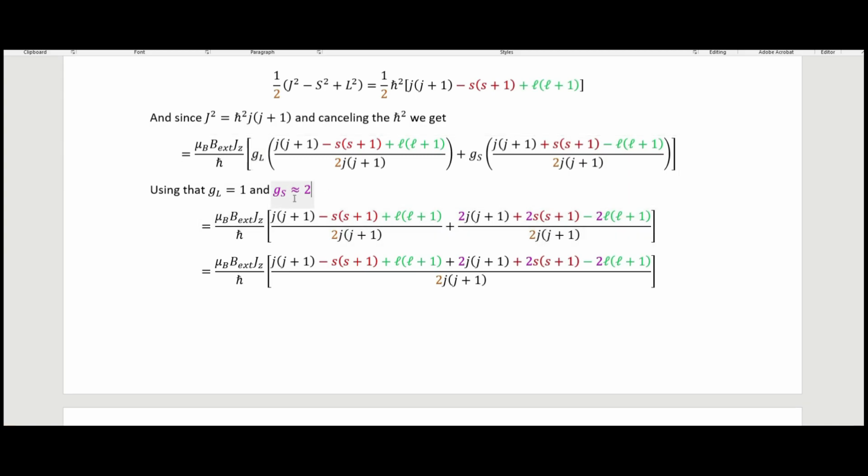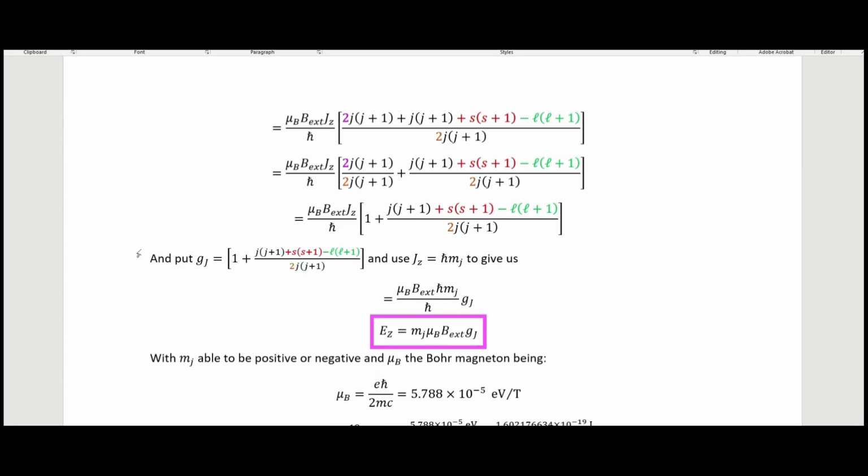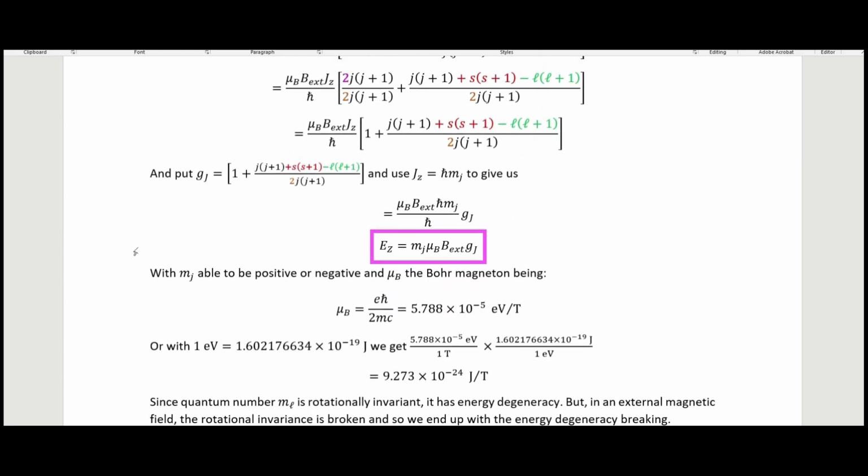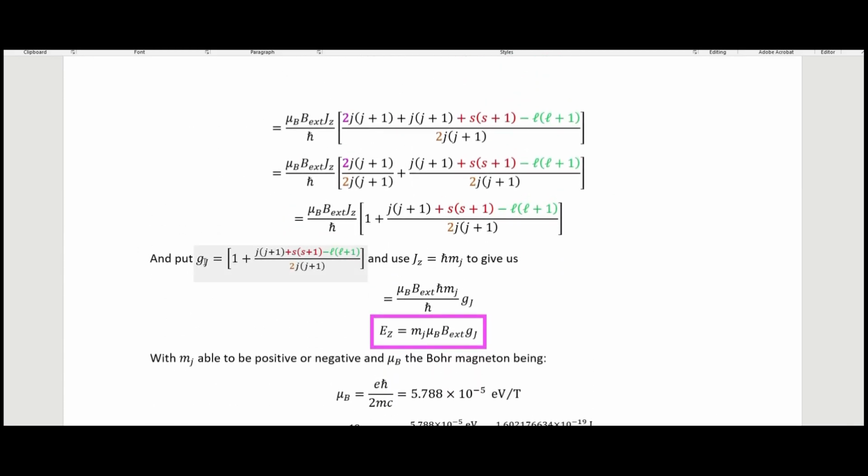I put this in purple so that we can see where those 2's from the G sub S end up. We do some more algebraic manipulations, and we end up with this right here, and we call that G sub J. And so we put that in for this.